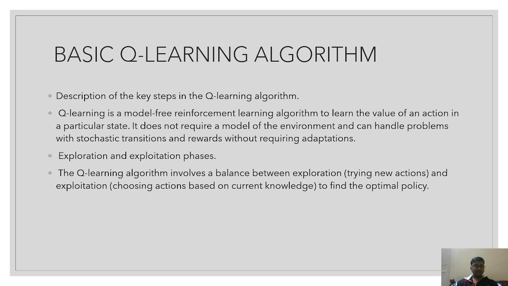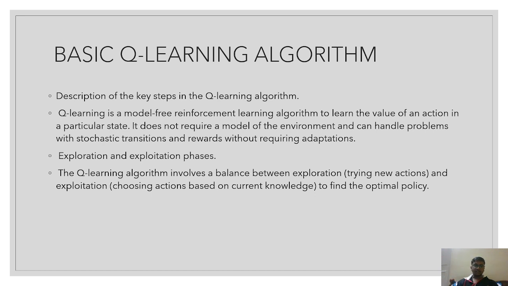Exploration and exploitation phase. The Q-learning algorithm involves a balance between exploration, trying new actions, and exploitation, choosing actions based on current knowledge to find the optimal policy. So there are two phases in this algorithm, exploration and exploitation. Exploration is a phase where it tries out new things according to the environment and might or might not get a reward.